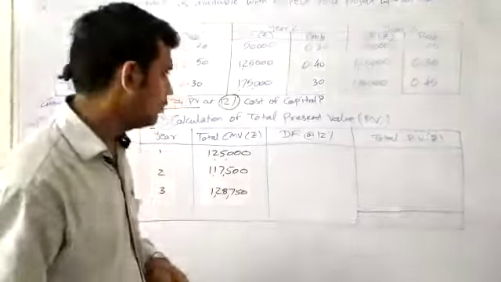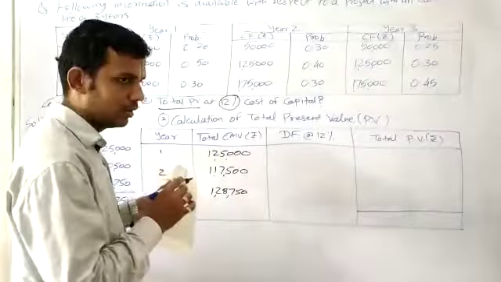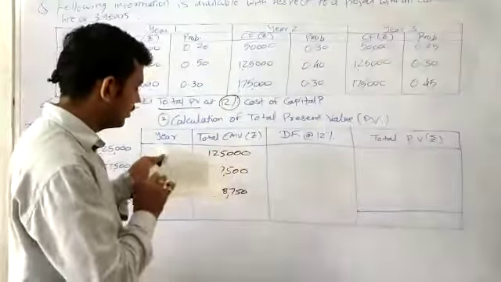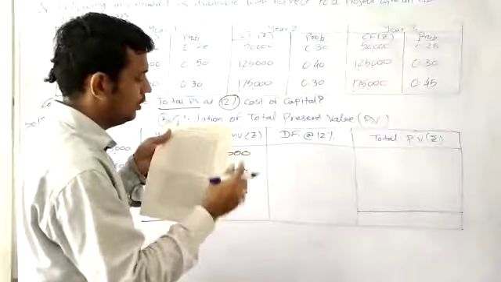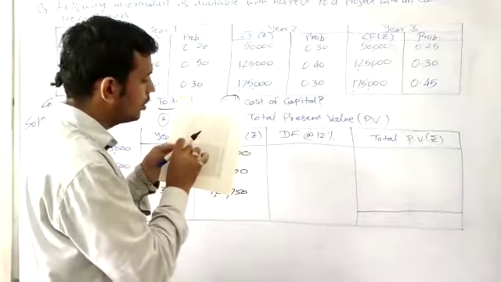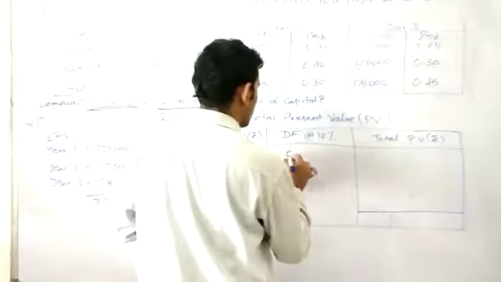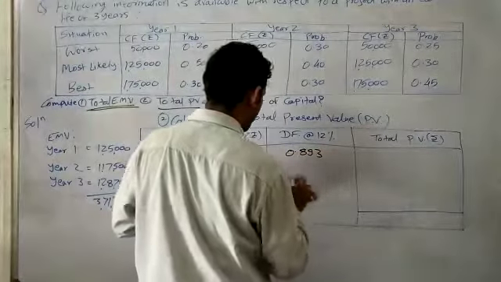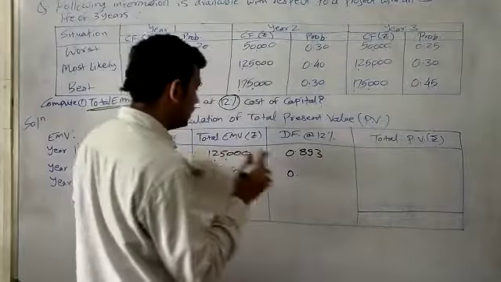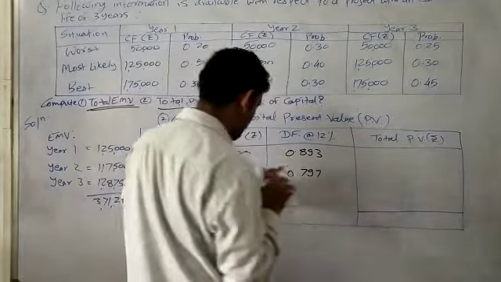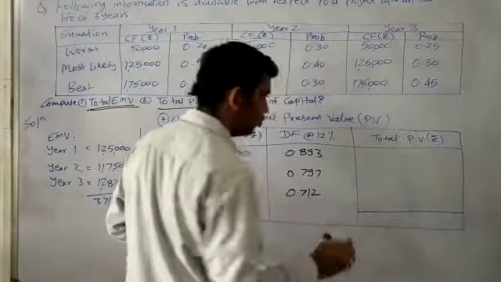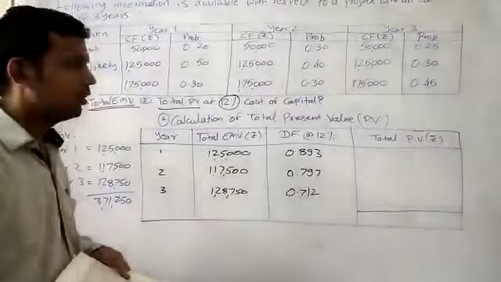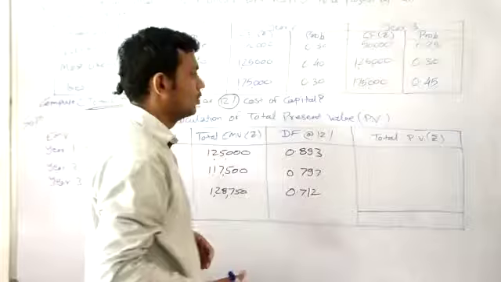For that purpose we will refer to the PV table. The link was shared with you in the earlier videos. We have to find the interest rate of 12%. It is 0.893 for the first year, similarly for the second year 0.797, and for the third year 0.712. These are the discounting factors for 3 years.